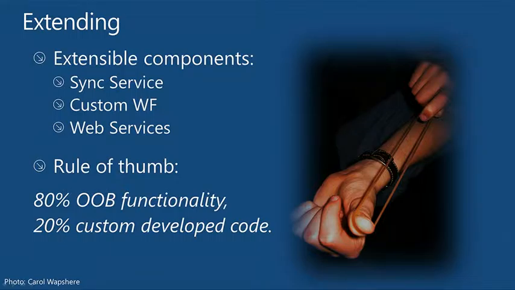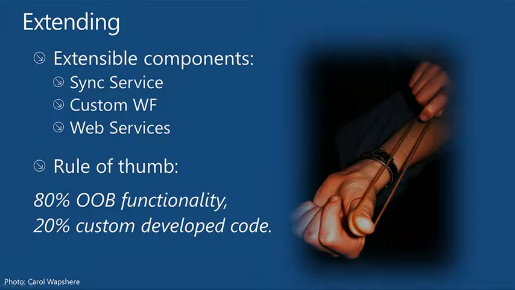Now, if you stay within the parameters of what's supported in extensibility, you can upgrade it all the time. We've actually got code that was written and compiled on MIIS 2003, the version before last, which is actually still working exactly the same on FIM 2010 R2, because that code was written within the parameters of what's supported.